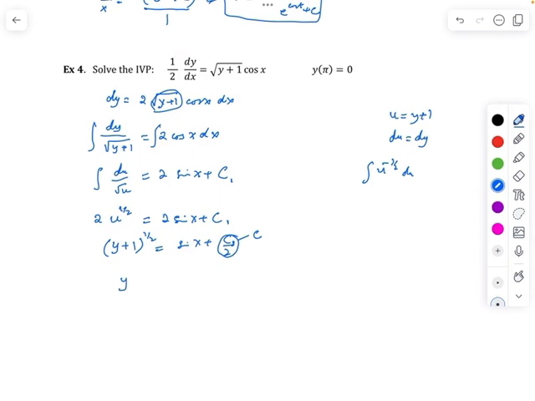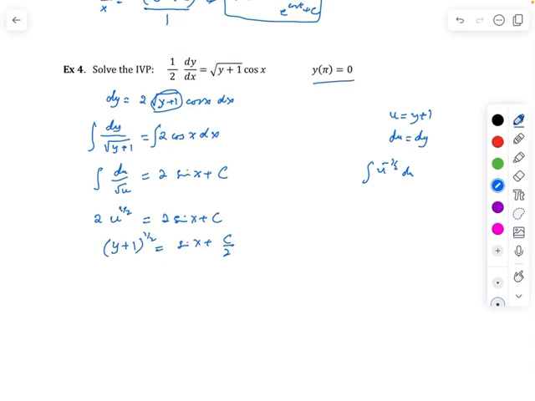Now we can write y plus 1 will be equal to, maybe we can first find the c here. Yeah, I think that will be better. So let's say we don't call it c1, because eventually we have to evaluate it.